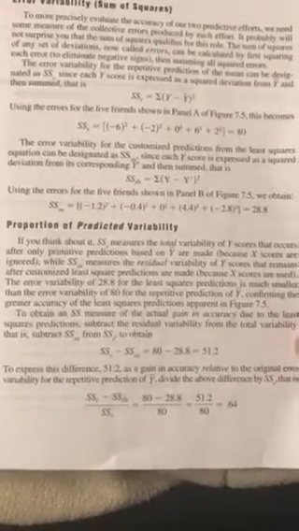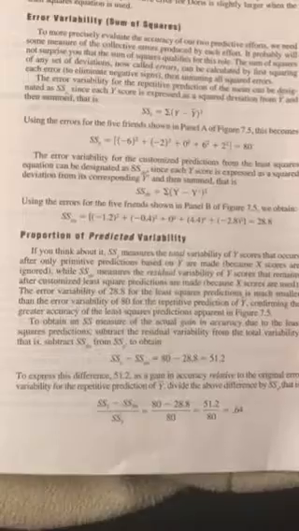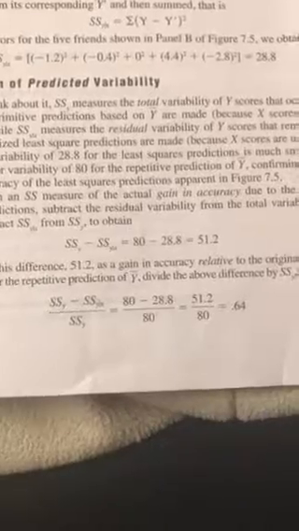And then in order to express this resulting difference as a gain of accuracy relative to the original error variability for the repetitive prediction of y mean, divide the difference obtained by the previous SSy. So that would leave you with SSy minus SS subscript y/x, divided by SSy.